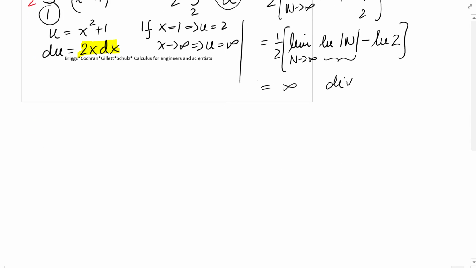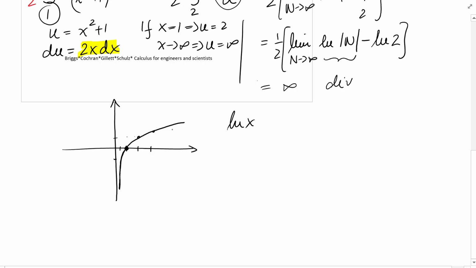Now, if you are wondering how I got that ln of infinity is infinity, let's take a look at the graph. For ln of x, if x is 1, we get 0. If x is 2, we get something; if x is 3, we get something more. If x is a half, we get negative something. So basically, the graph of ln of x looks something like this.